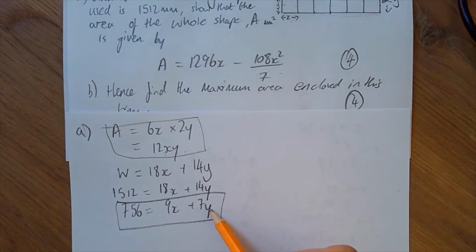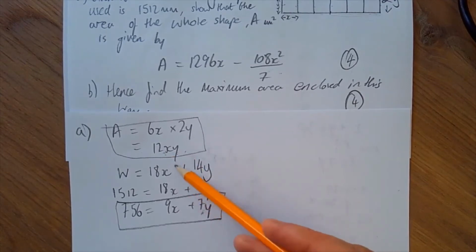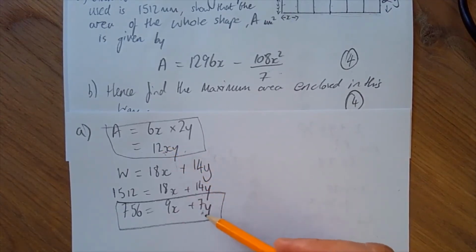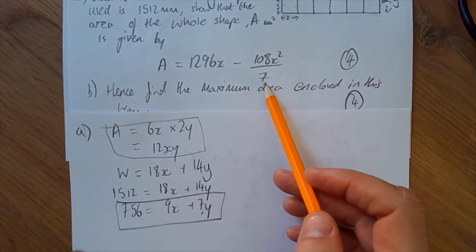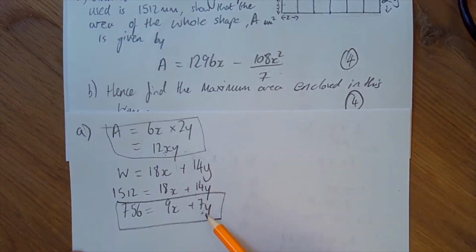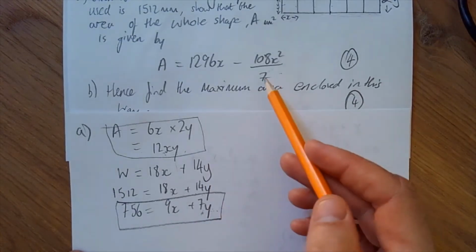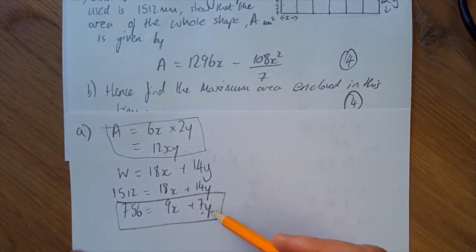What I'm going to do is rearrange this for y and then throw it in there. What's slightly annoying is I've got a 7 here. If I had a 6 here, it would make things much easier because 6 and 12 would have a common factor. So this is going to be a bit grim, but this is what leads to that over 7 there. I'm confident we're going in the right direction because when I rearrange this, I'm going to have a divide by 7, and you can see a divide by 7 there.